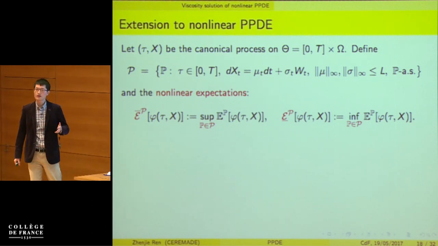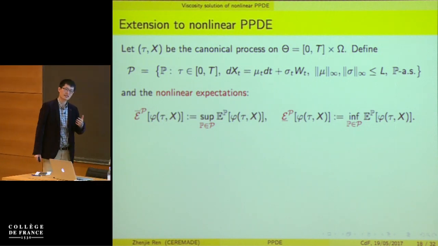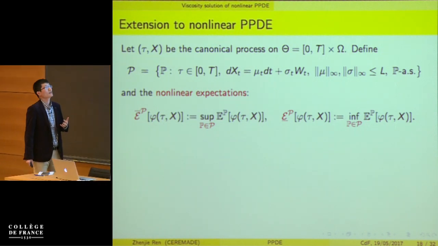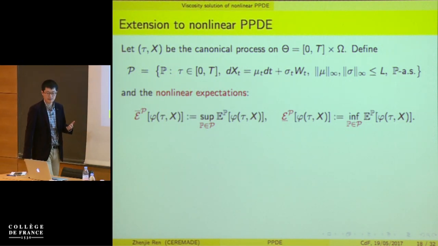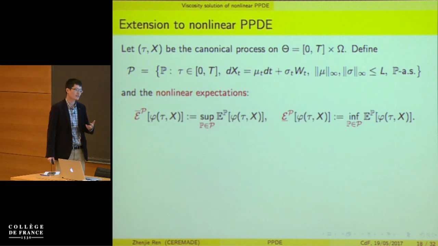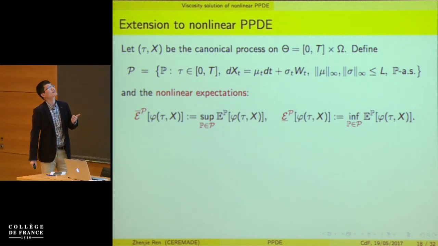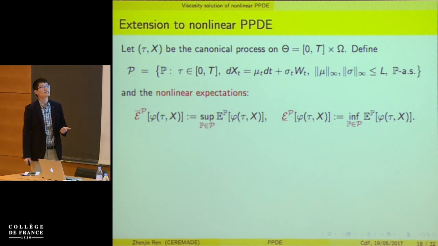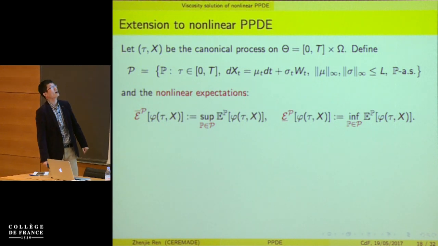So before, we were only talking about the heat equation, where the definition always depends on the Wiener measure. But now we go beyond the linear case to the nonlinear PPDE. We need to consider more measures. So here, let tau and x be the canonical process in the product space, the time and the space product space theta.